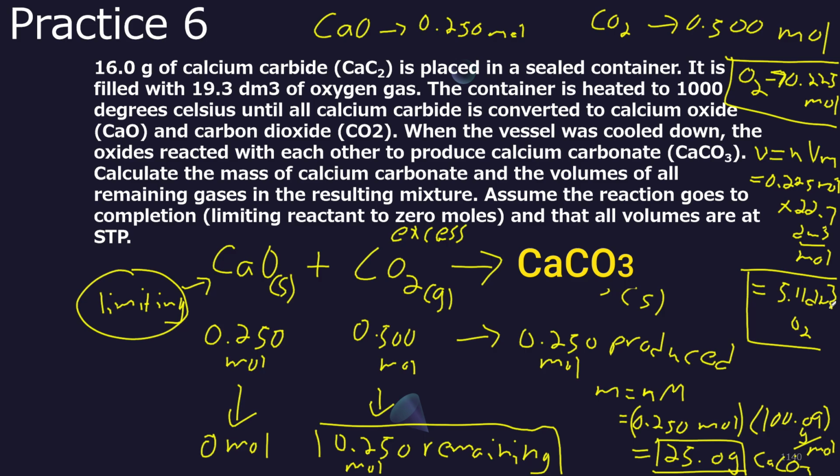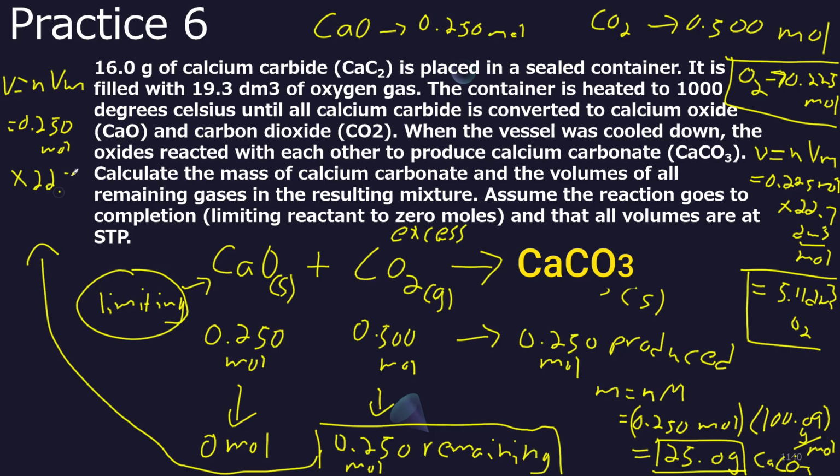What about for the remaining CO2 then? I'm gonna bring this to the left maybe. Over here. So volume equals moles times molar volume at STP, 0.25 times 22.7. And this will come out to about 5.68 decimeter cubed of CO2. Okay.